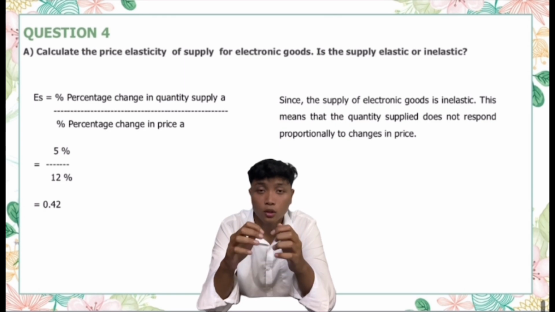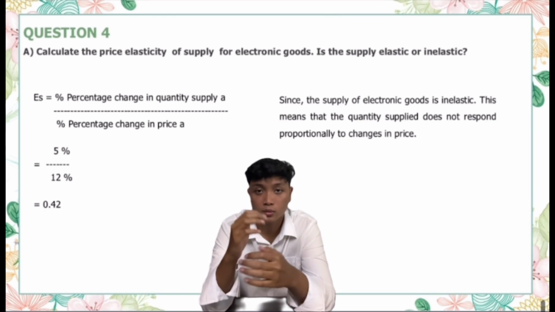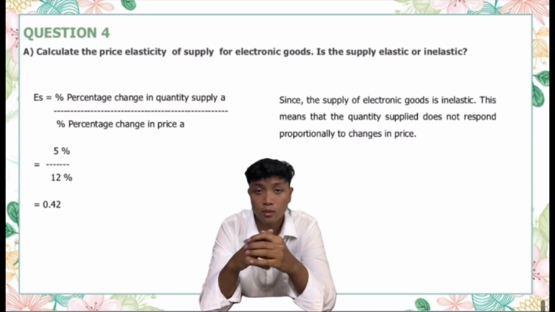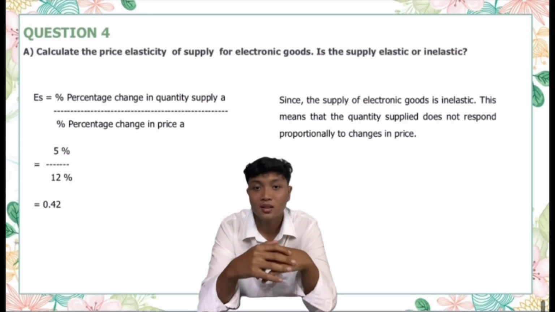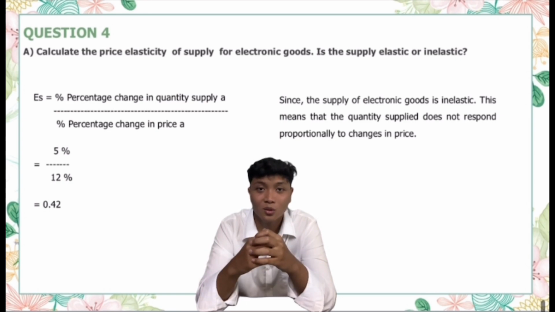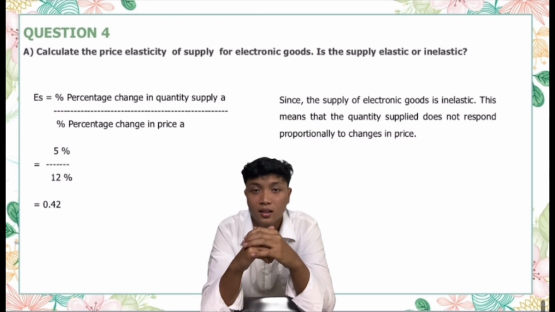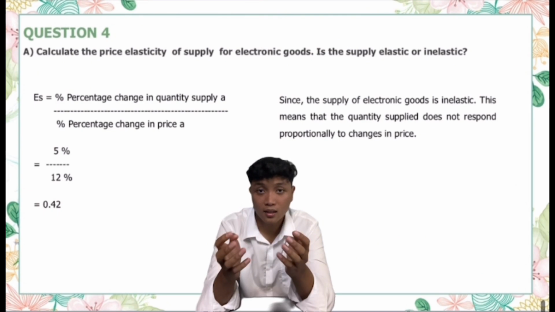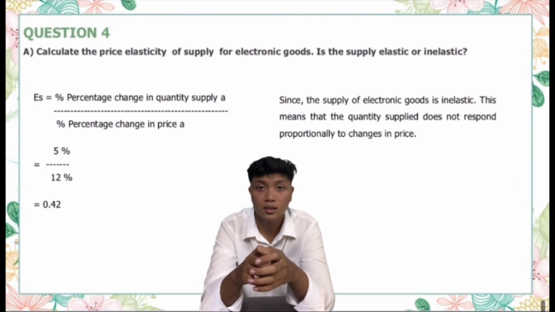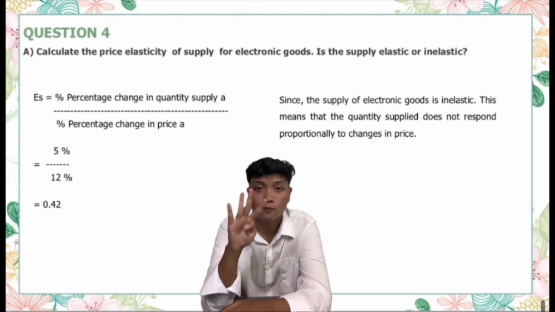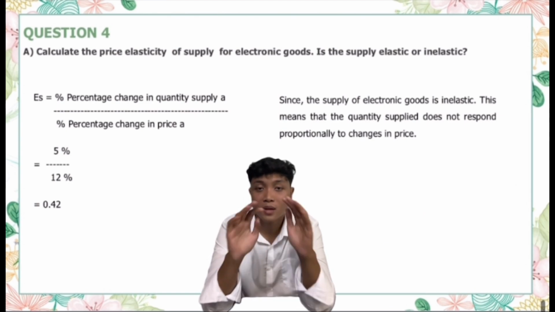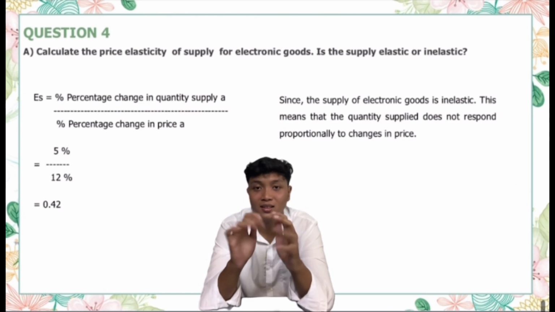Meanwhile, the price of electronic goods increased by 12%. We can put this below. So, it will be 5% divided by 12%. Then, we can calculate and get the answer, which is 0.42.